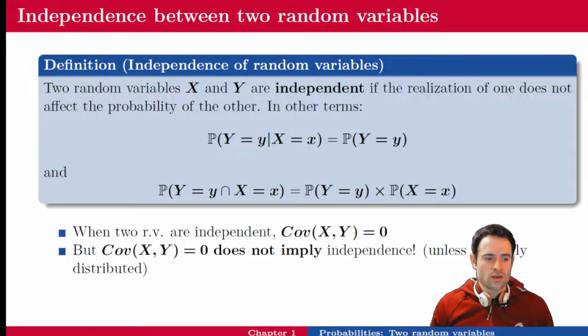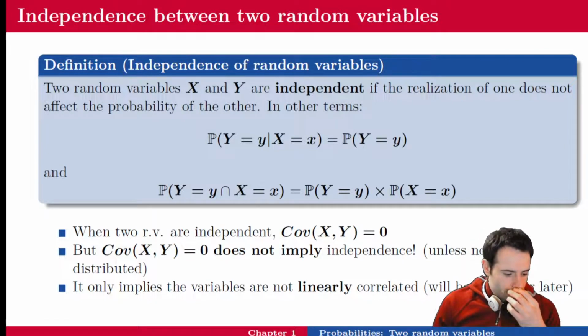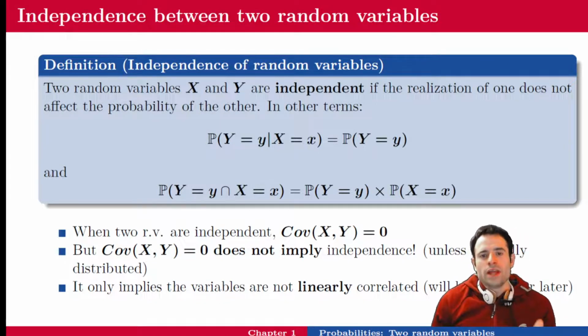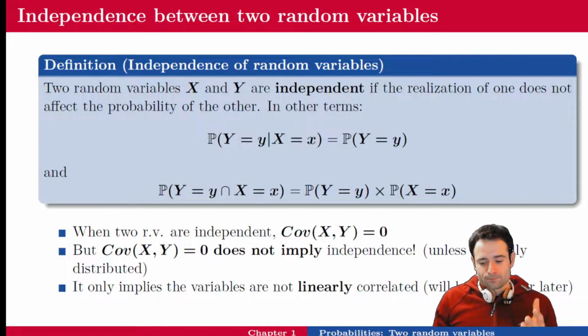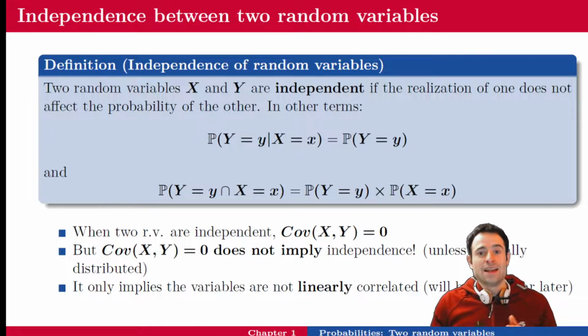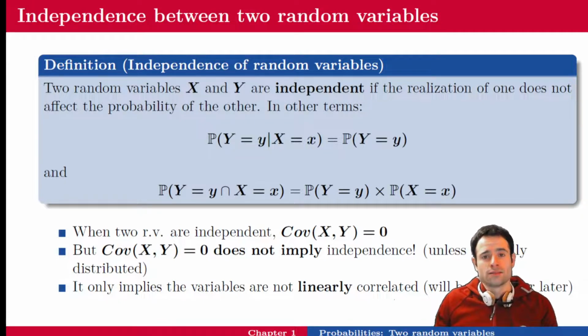So if you find a covariance of 0, it just means the variables are not correlated in a linear sense. And that's a kind of tricky point here. The formulas of correlation and covariance measure the extent to which variables are proportional to each other. They measure linear correlation. But some variables could be non-linearly correlated.